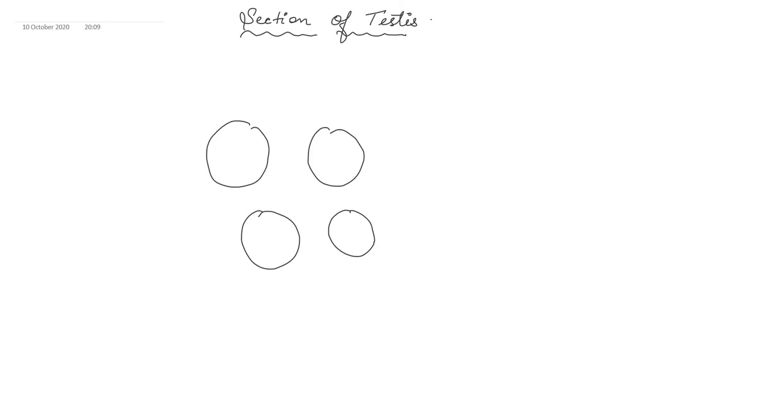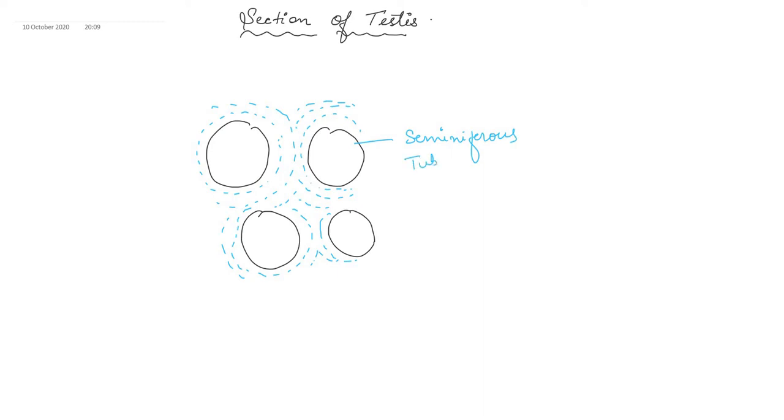We will see the structure of seminiferous tubules, which are scattered in a connective tissue. This one is the connective tissue.